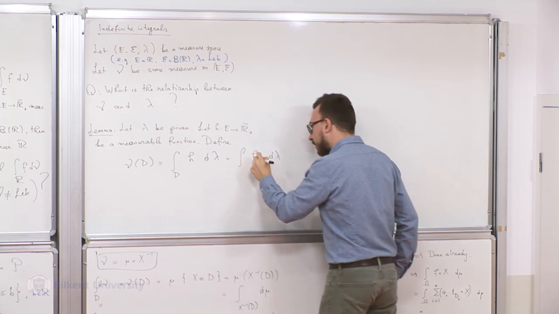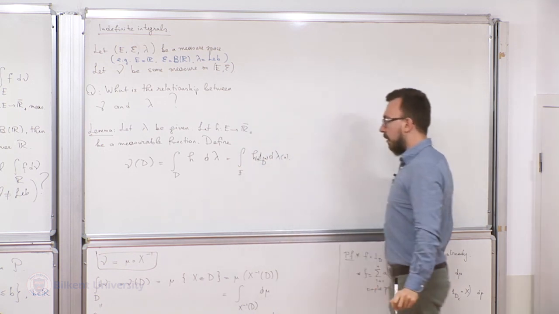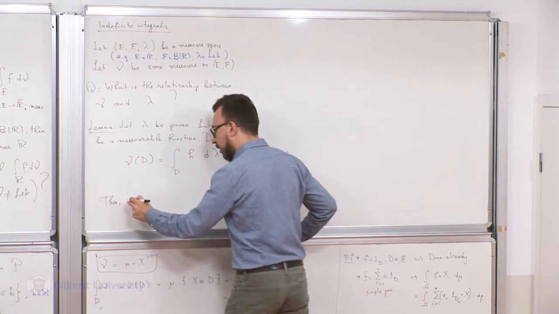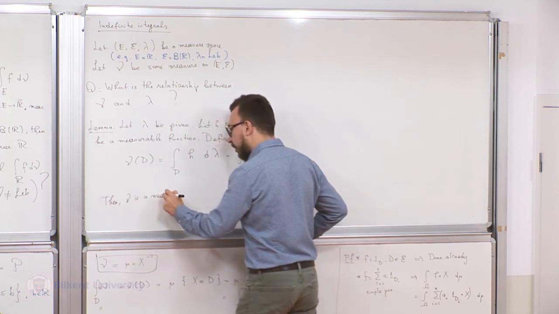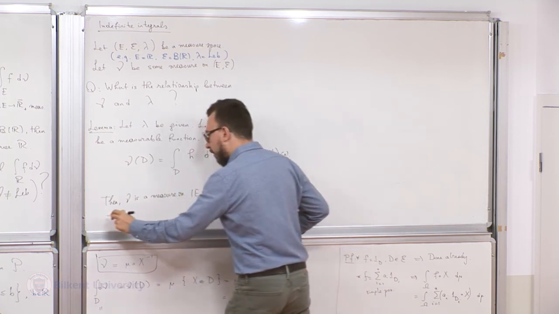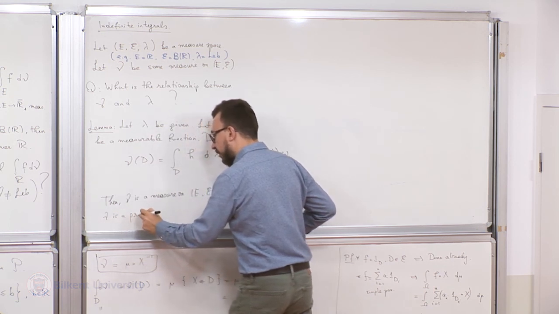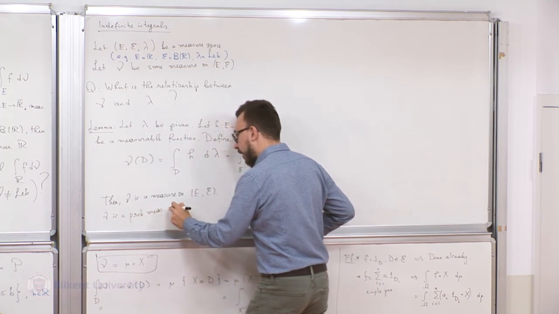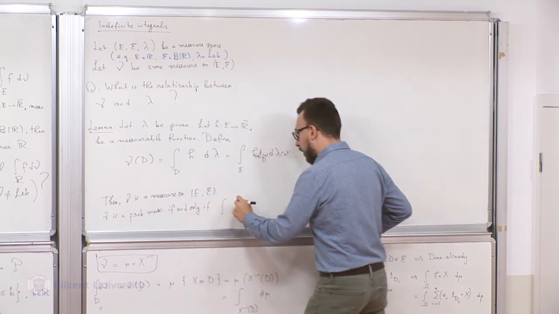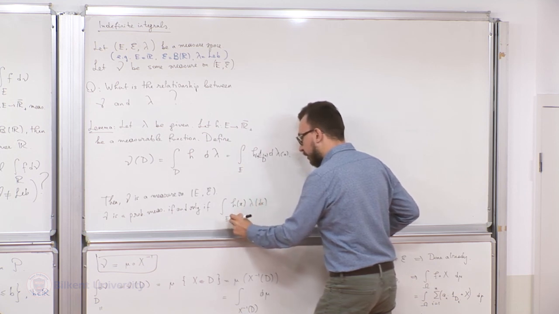If you like, you can put x. Then nu is a measure on E. nu is a probability measure if and only if the integral of h(x) lambda(dx) over the whole space is equal to 1.